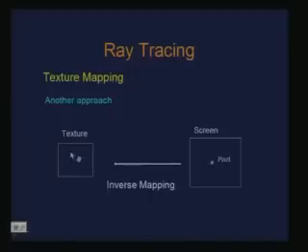See, eventually I have to render this pixel, and I know that this corresponds to this texture. So in some sense, I have to incorporate it into the illumination or the color of the pixel.